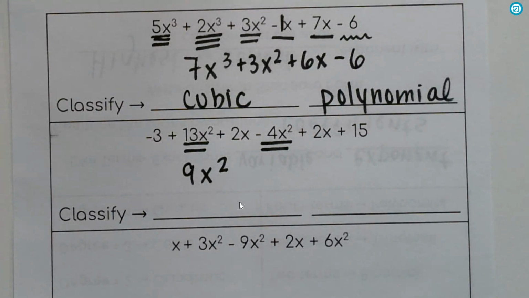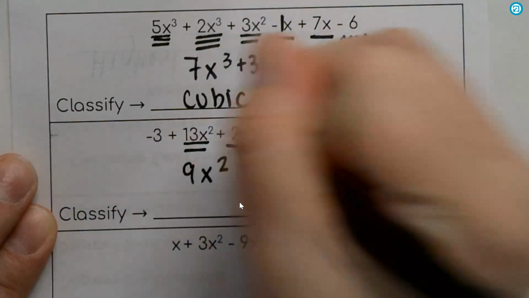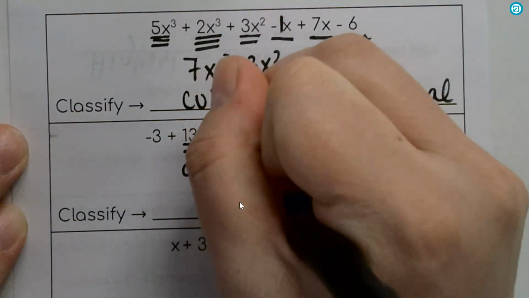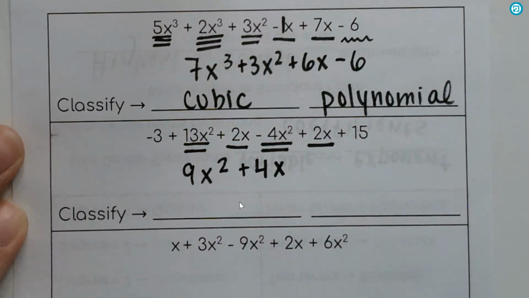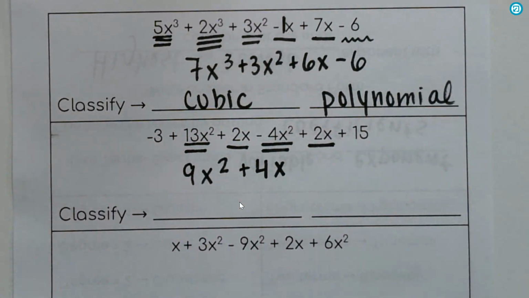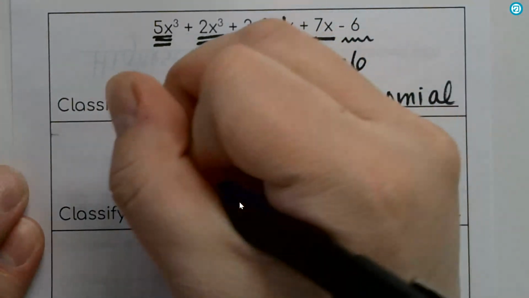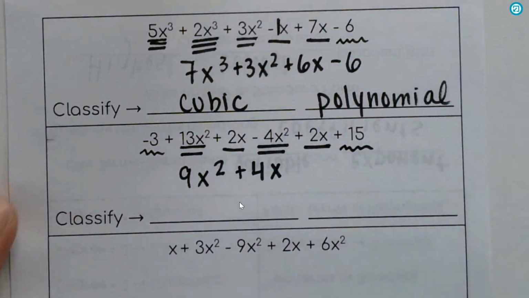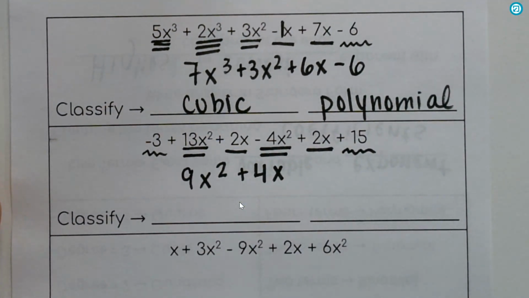Then I can combine together my 2x and my 2x. So 2x and 2x combine together to be 4x. And then I've got negative 3 and 15. Those can combine together. Negative 3 plus 15, or 15 minus 3, is 12.